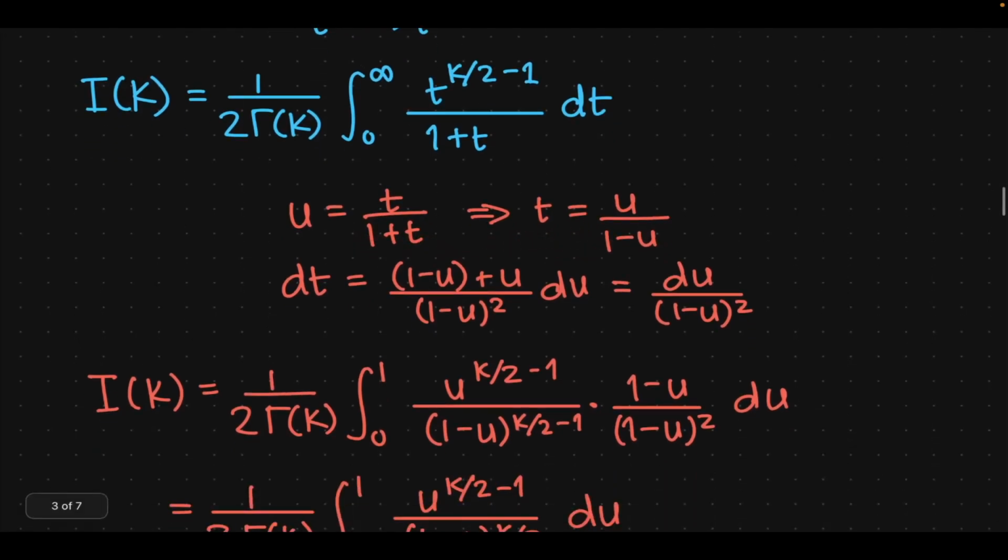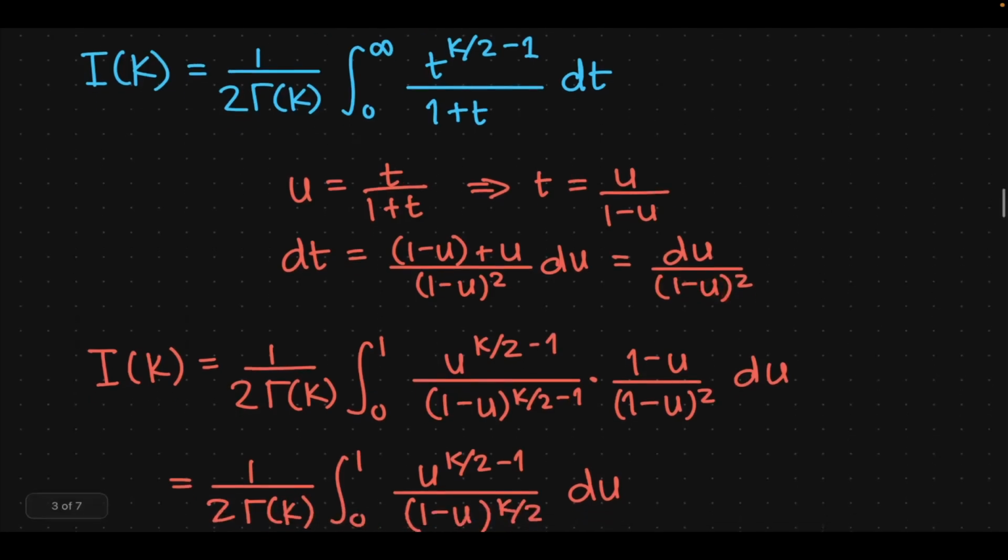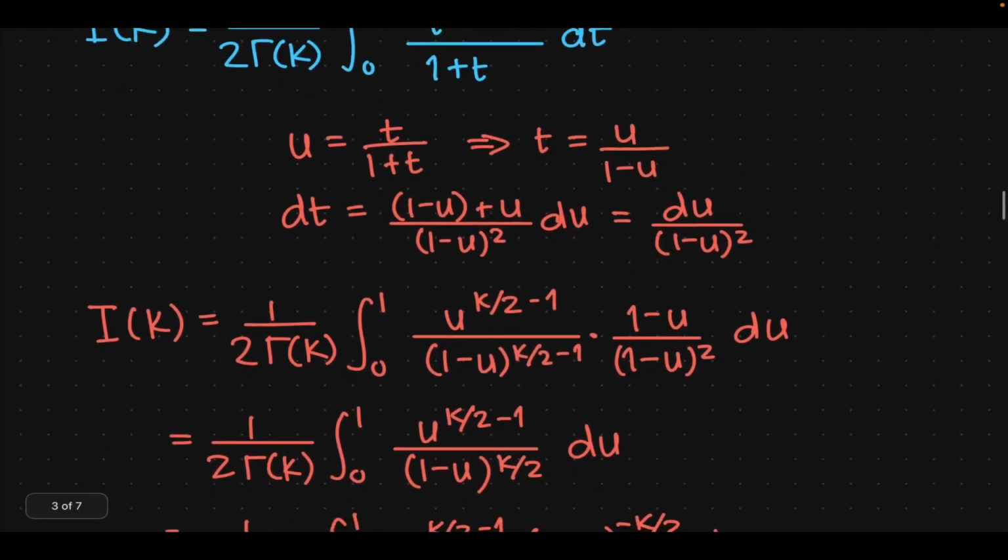dt therefore is going to be, we can use the quotient rule on this to get du over 1 minus u the whole square. Now I of k is 1 over 2 gamma of k integral from 0 to 1 u to the k over 2 minus 1 over 1 minus u to the k over 2 minus 1, which results from the t term.